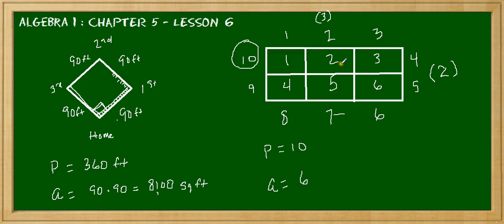The sides here were 3 and 2, so 3 plus 2 is 5, plus another 3 is 8, plus 2 is 10. That's the perimeter. The area of a rectangle is the product of its length and width, and we did 2 times 3.